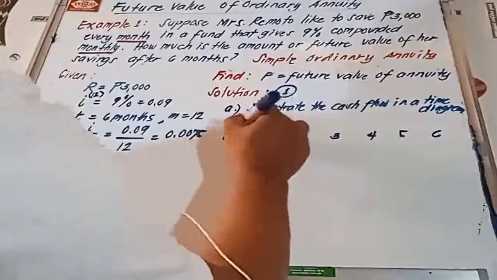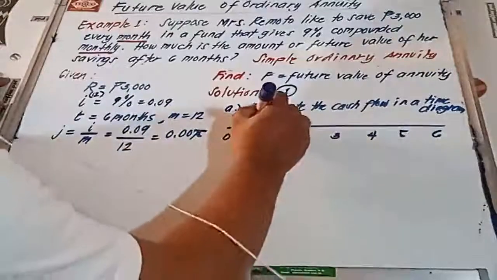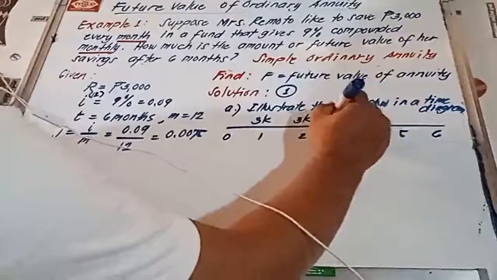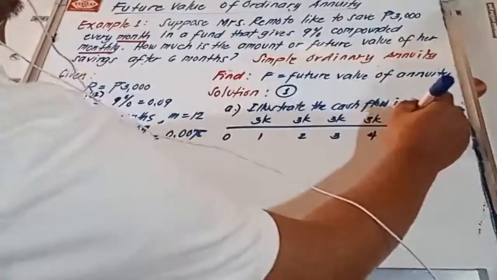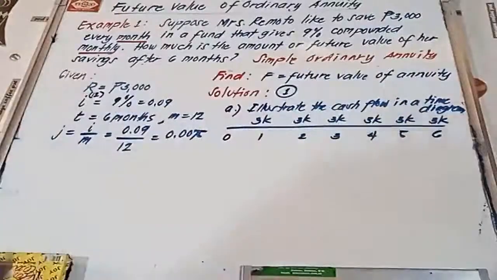Ganyan yung kanyang time diagram. 3K here, 3K, 3K, 3,000 on the fourth month, 3K, and 3K. So, yan yung ating time diagram, na nag-illustrate ng cash flow.